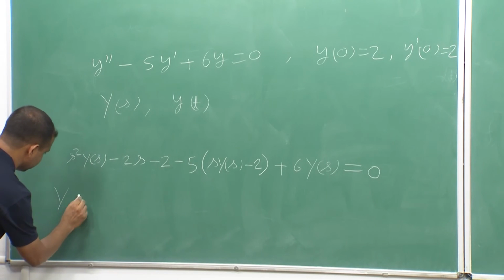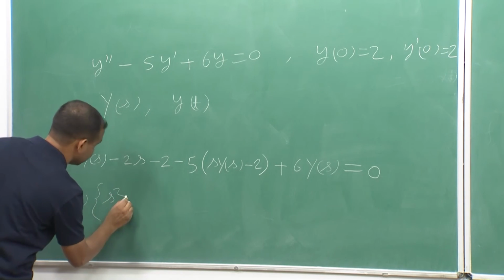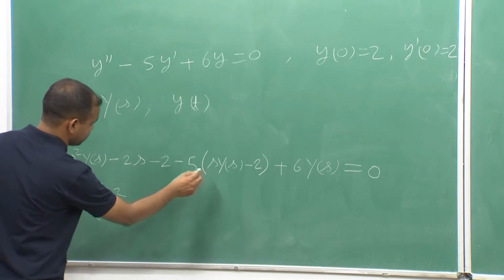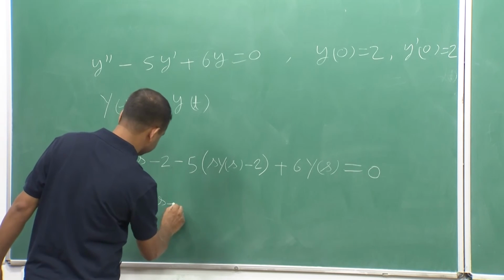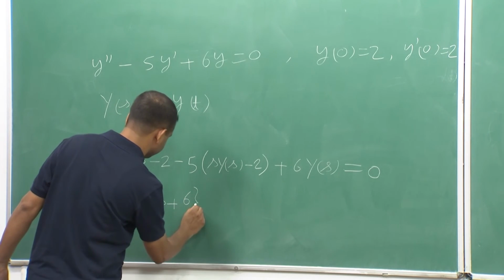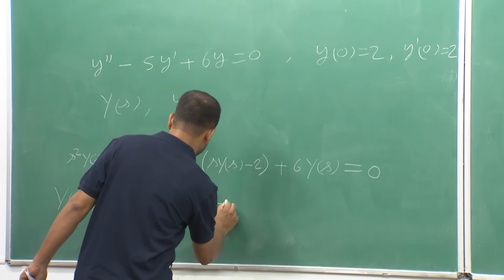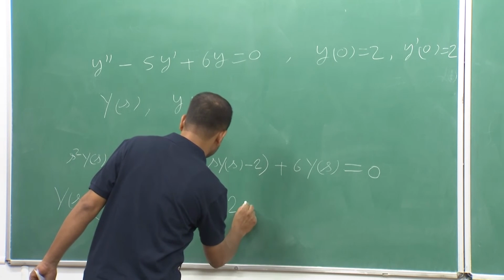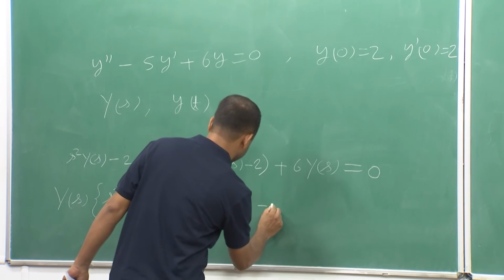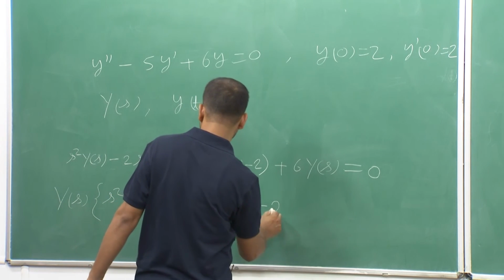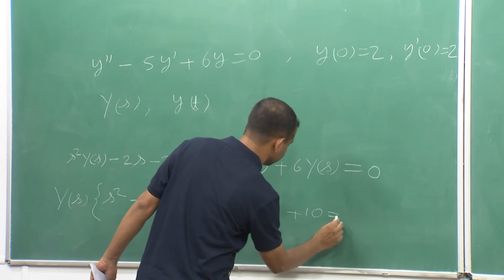And if I separate the y of s from this equation, I will get y of s times s square minus 5s plus 6, and the remaining terms minus 2s minus 2 plus 10 is equal to 0.